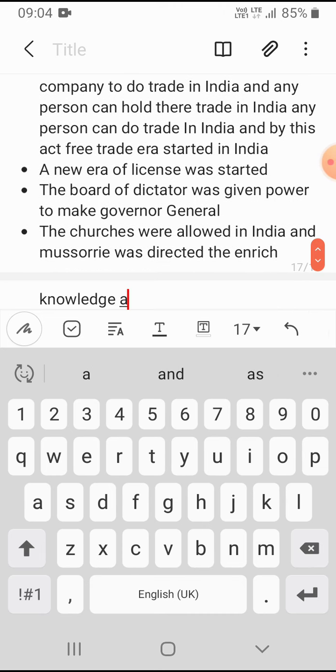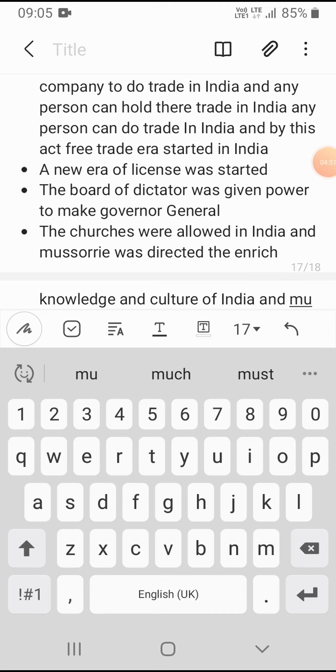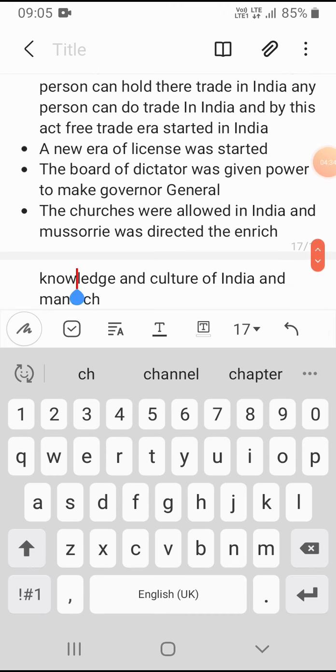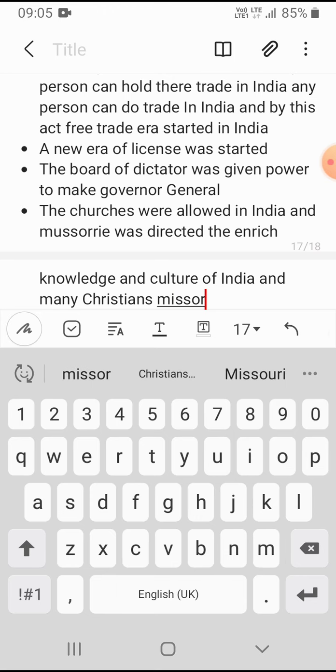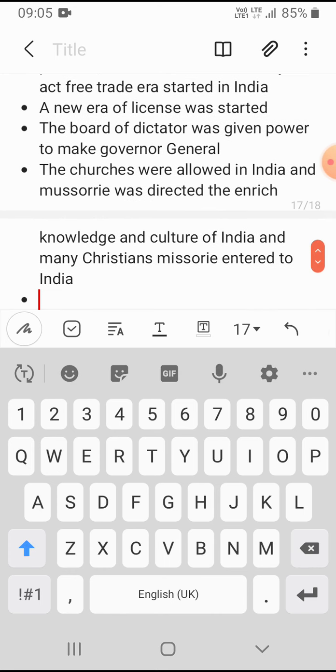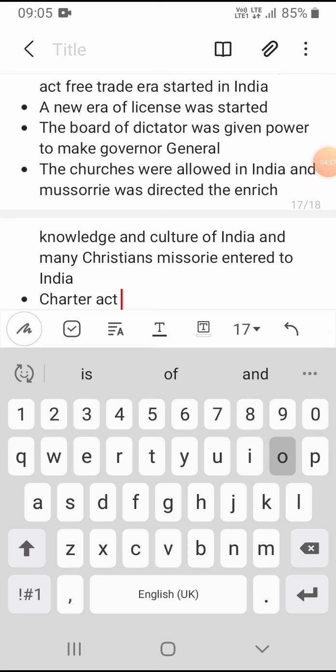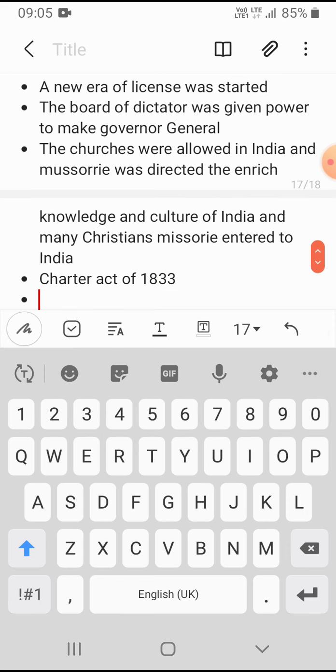They were studying the knowledge and culture of India, and many Christian missionaries entered India. This was the Charter Act of 1813. Let's go to 1833.